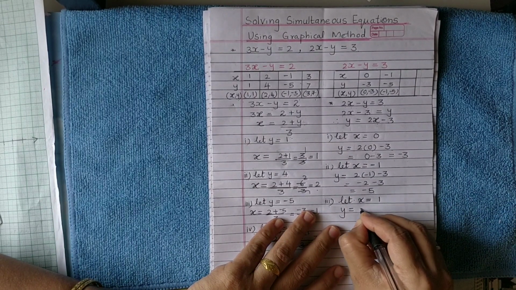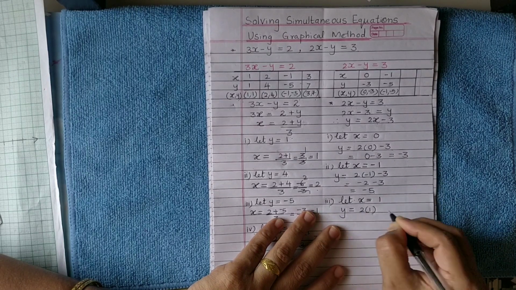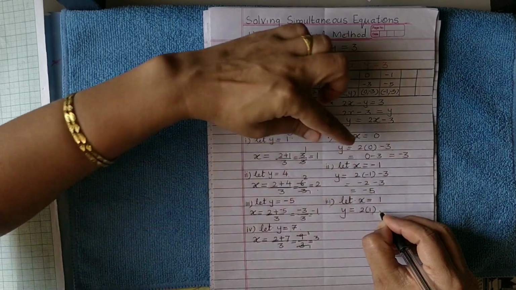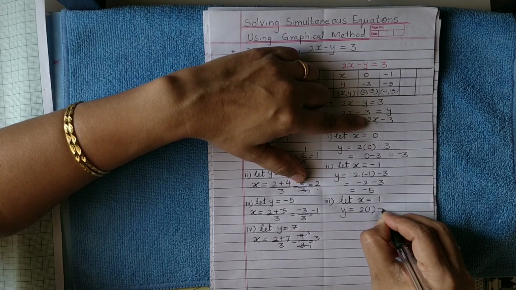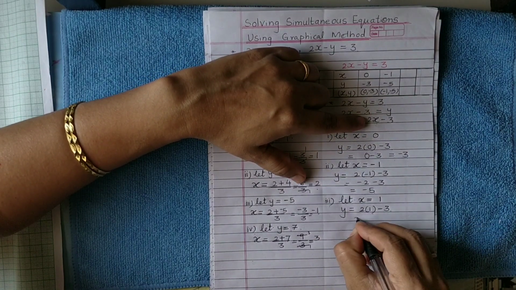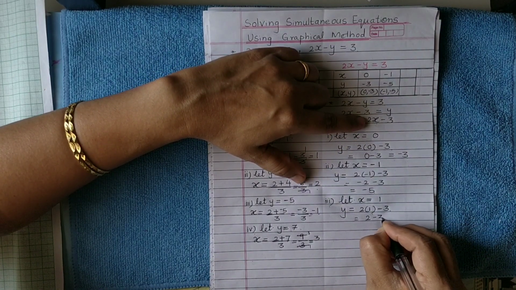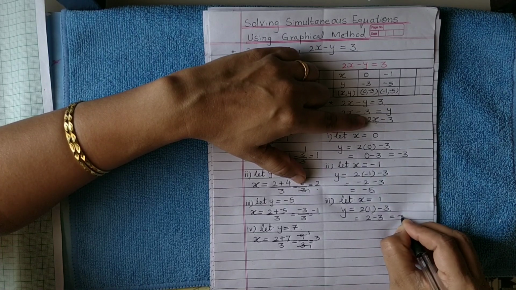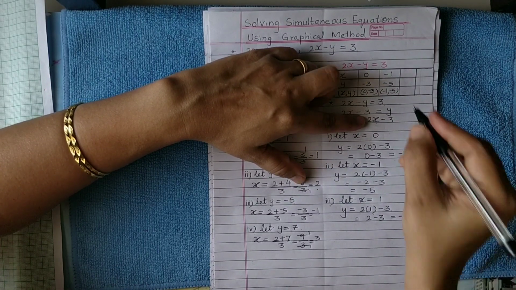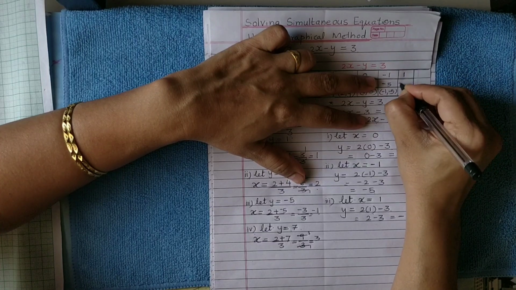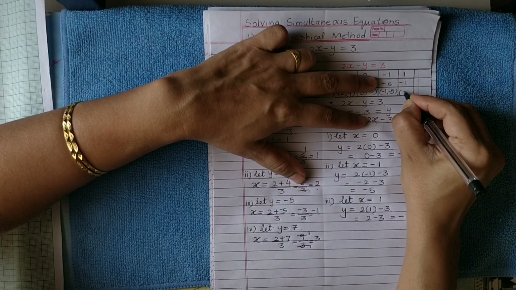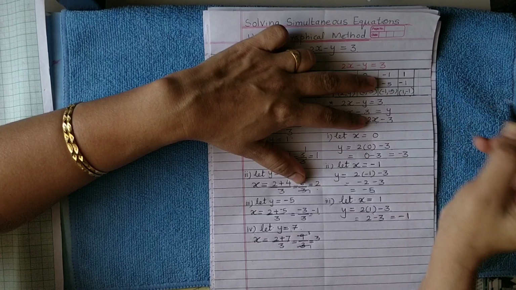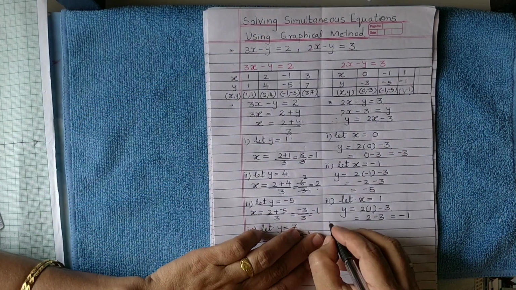Y will be 2 into 1 minus 3. So it comes as 2 minus 3. That comes as minus 1. 1 comma minus 1. One more.